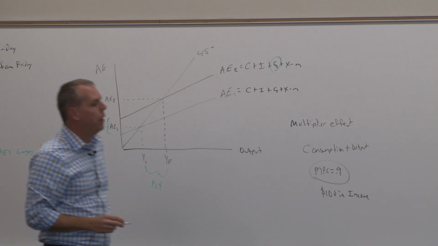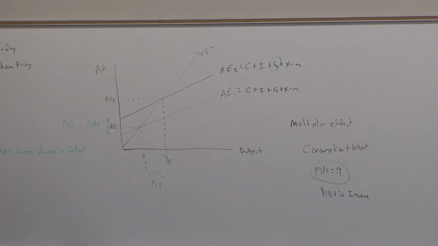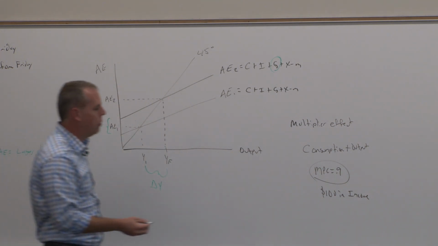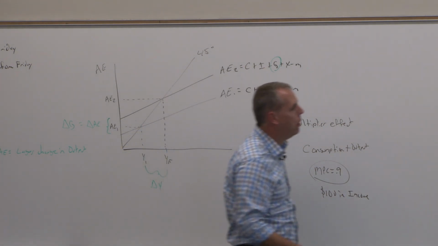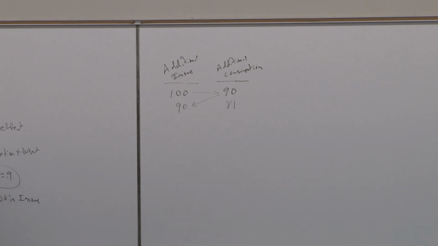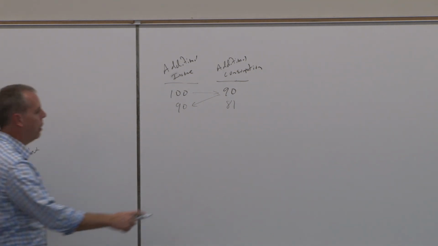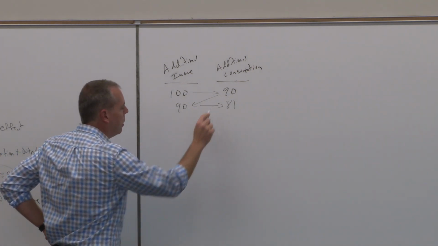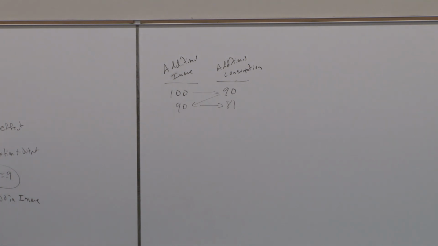Now, if the barber's income has gone up by 90 and he spends 90%, his consumption is going to go up by, say, 81. And so he spends his $81 on, I don't know, kitchen cabinets.